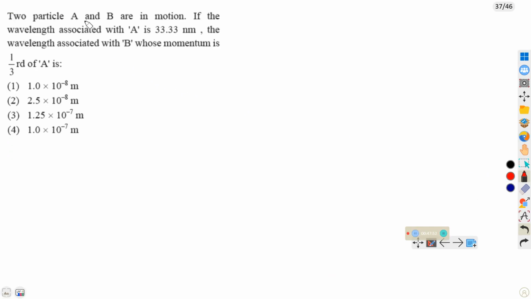Two particles A and B are in motion. If the wavelength associated with A, lambda A, is 33.33 nanometers, what is the wavelength associated with B, lambda B, whose momentum is 1/3 of A? Momentum PA is equal to 1, then PB is equal to 1 by 3.